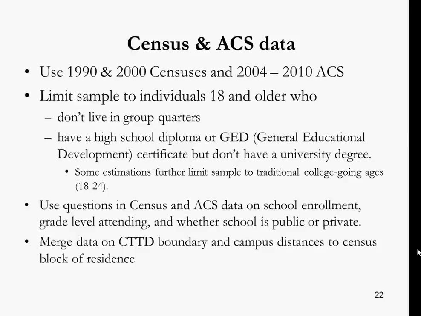So we're going to limit the sample to those individuals who don't have a degree from higher ed, but have a high school diploma or a high school equivalency, the GED.